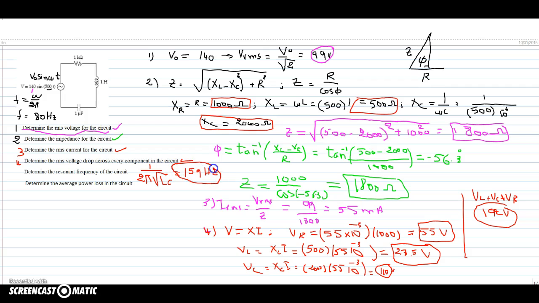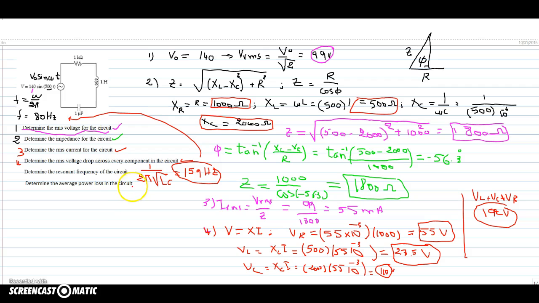Notice this frequency is different from the frequency with which the system is oscillating. This is the natural frequency, the best selected frequency the system likes. So if you excite the system at this frequency, you take advantage of this component by producing the maximum current. So the frequency of resonance is 1 over 2 pi square root of LC, almost 160 hertz.